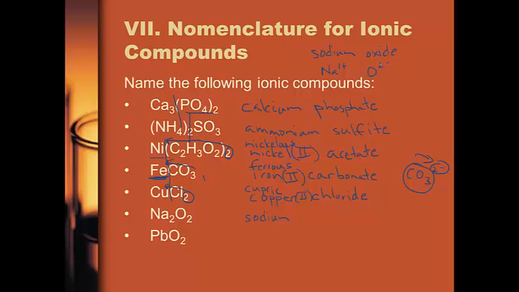So the formula for sodium oxide is Na2O. This is Na2O2, so this cannot be sodium oxide. This 2 actually came from up there, and that means it's O2 2 minus, which is peroxide.